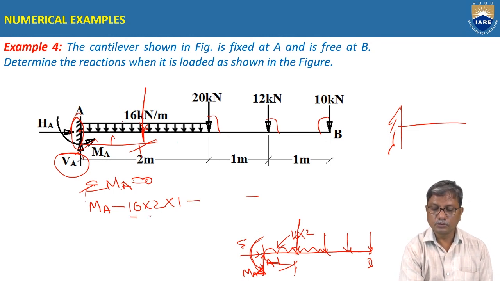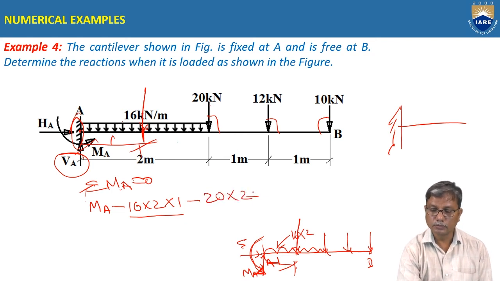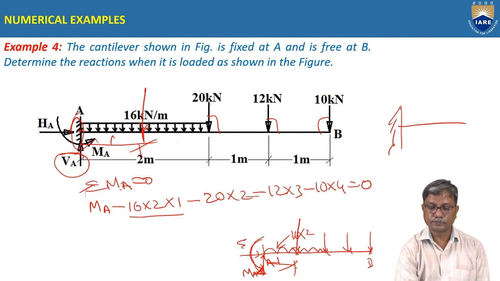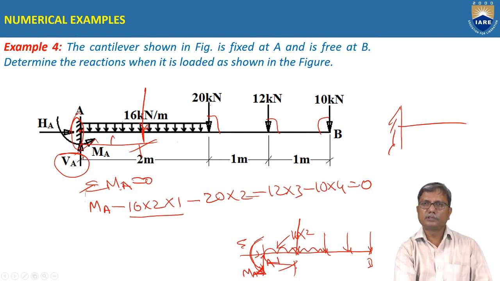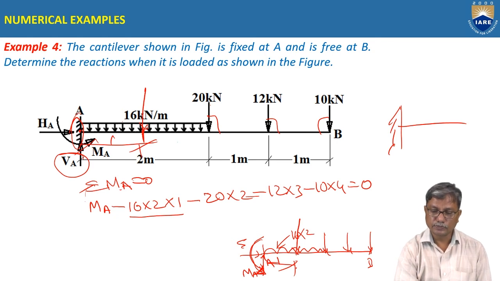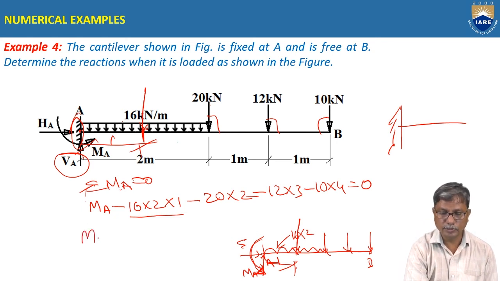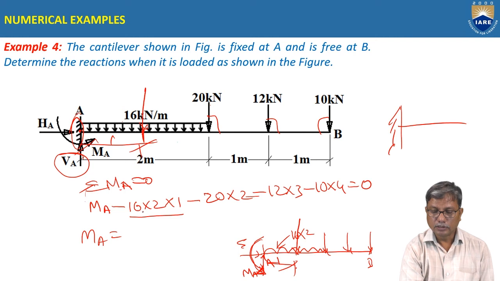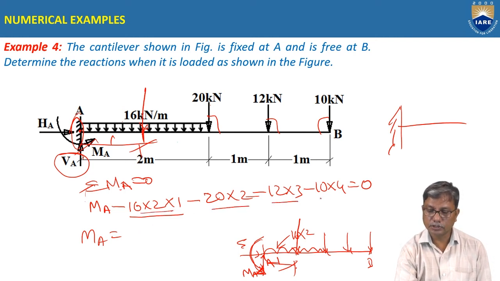That is the moment due to UDL. And moments due to these point loads, 20 into 2 minus 12 into 3 minus 10 into 4, equal to 0. The algebraic sum of the moments about A is 0. So this gives directly the moment MA as 32 plus 40 plus 36 plus 40.